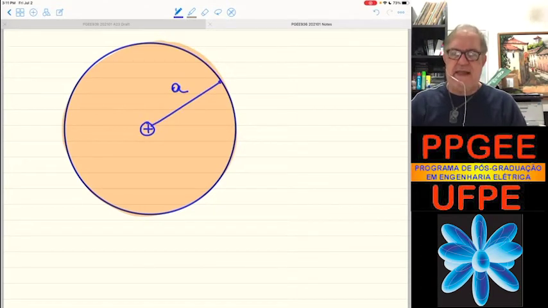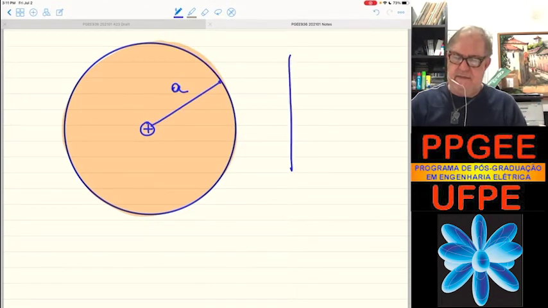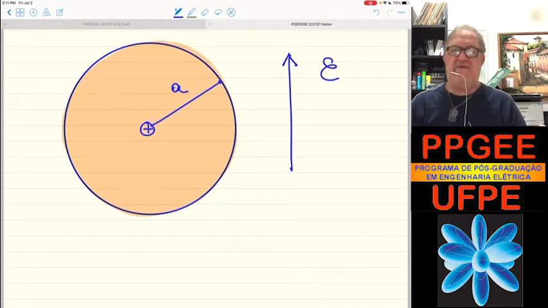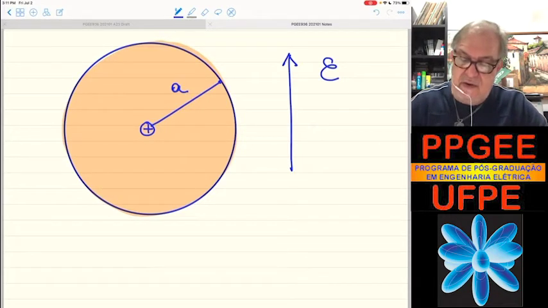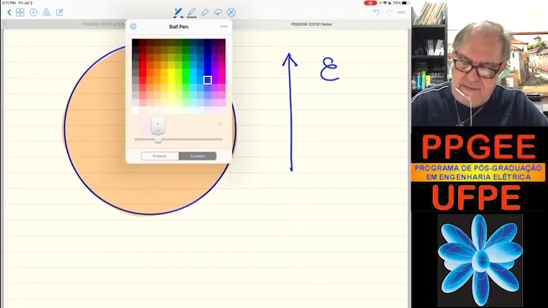If we displace that, because we apply an external field, if we displace the positive charge center relative to the negative charge center, now we are going to have a new position, right?